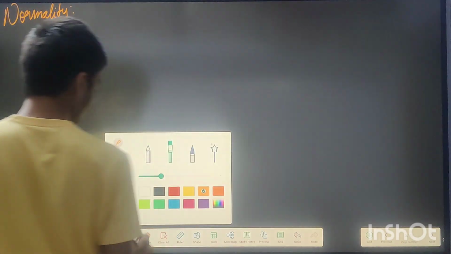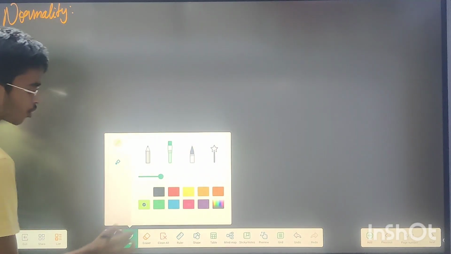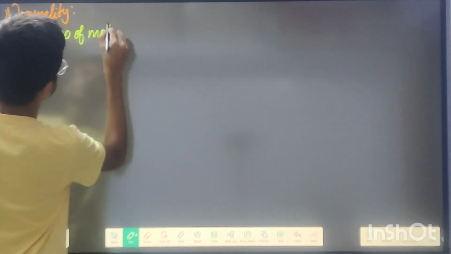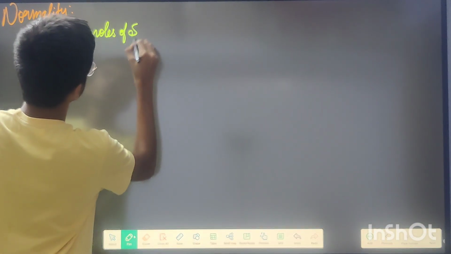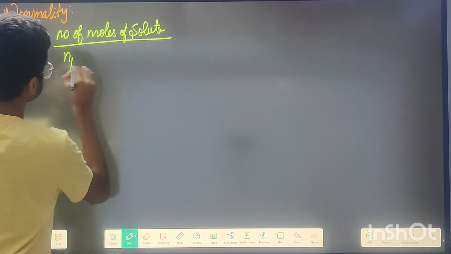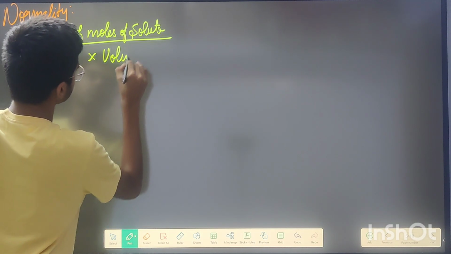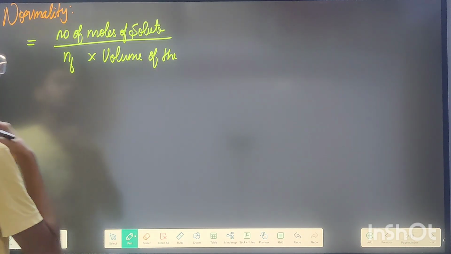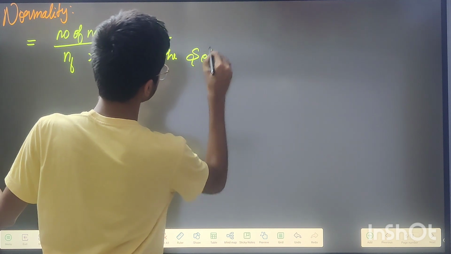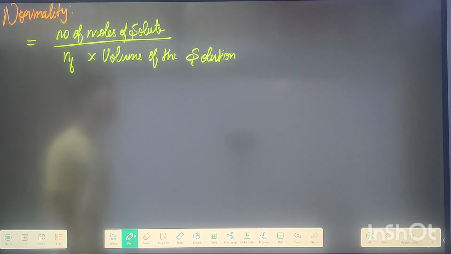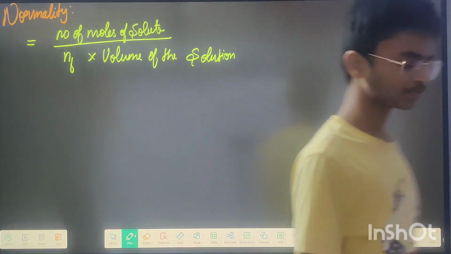So the formula for normality actually is number of moles of solute divided by n factor into volume of the solution.